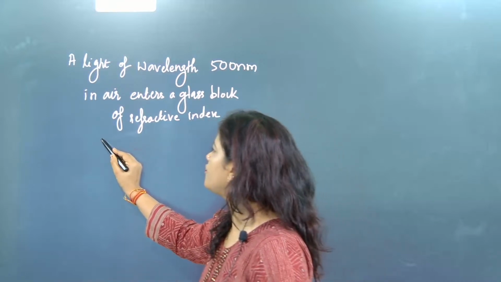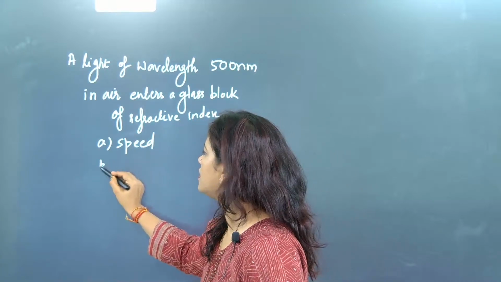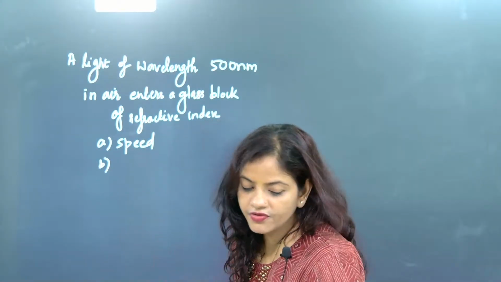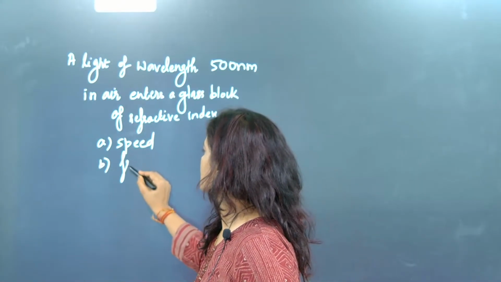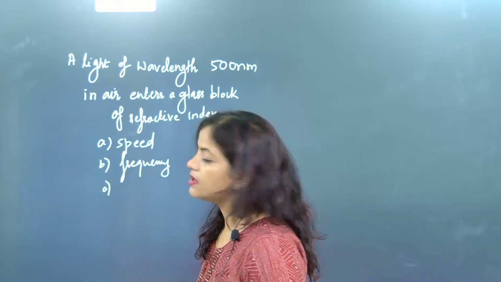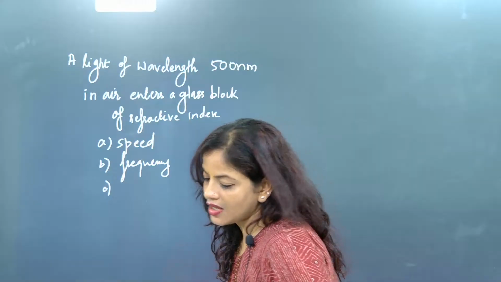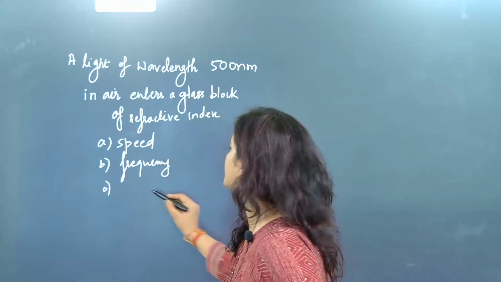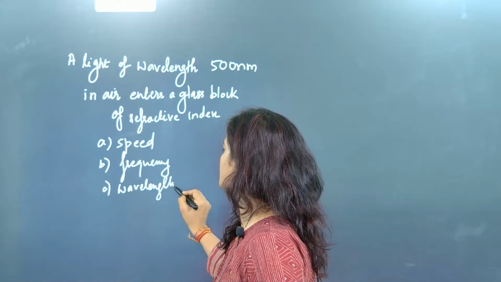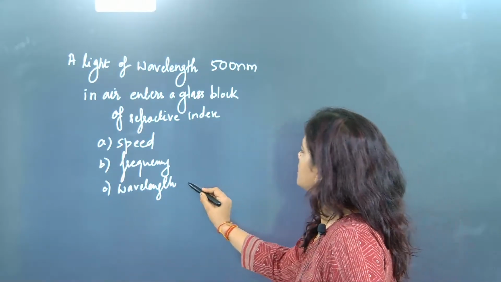So, a glass block of refractive index 1.5 is there. Now, beta, you have to find first the speed, second the frequency, and third the wavelength of light in glass.